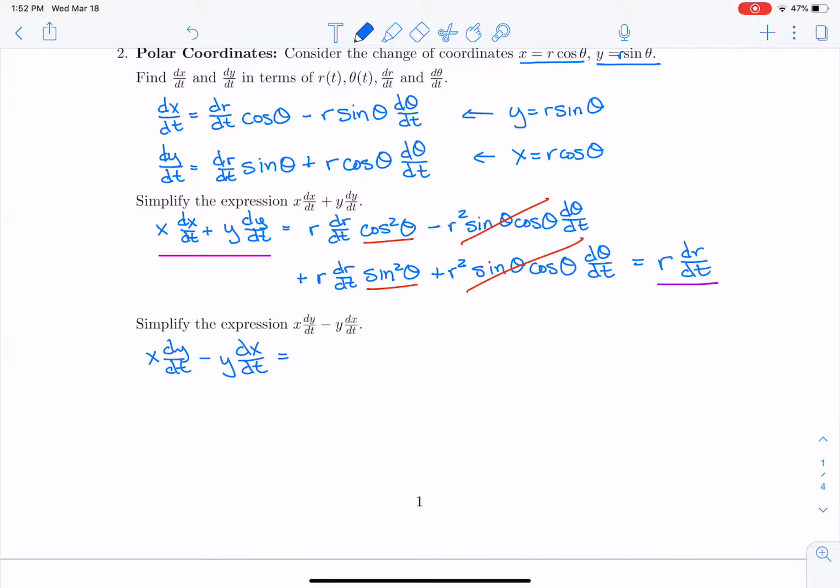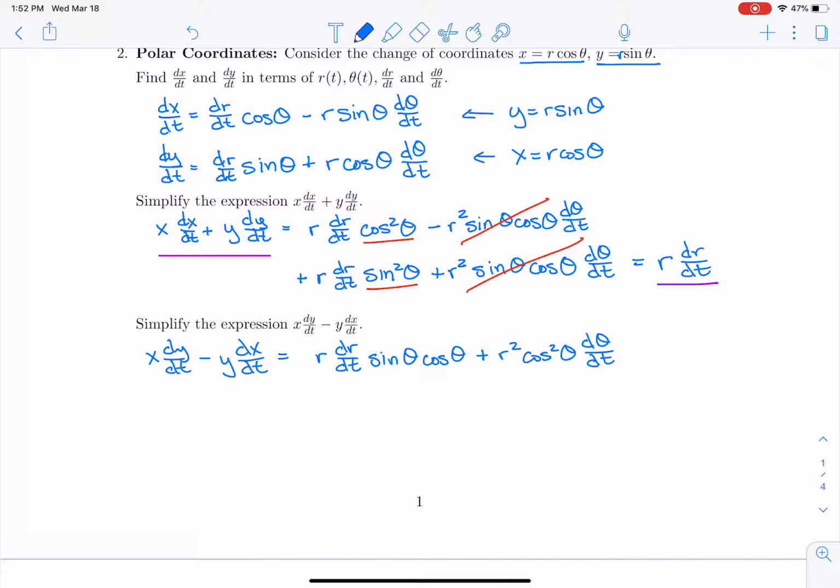So x times dy/dt is going to give me an r dr/dt sine theta cosine theta plus r squared cosine squared theta d theta/dt.